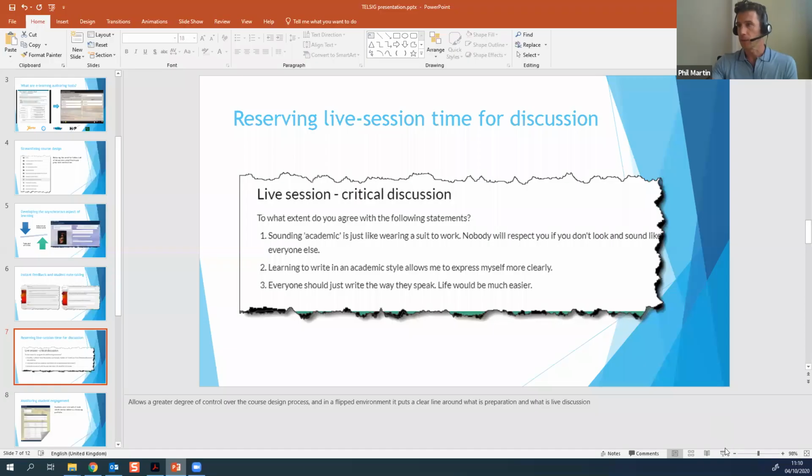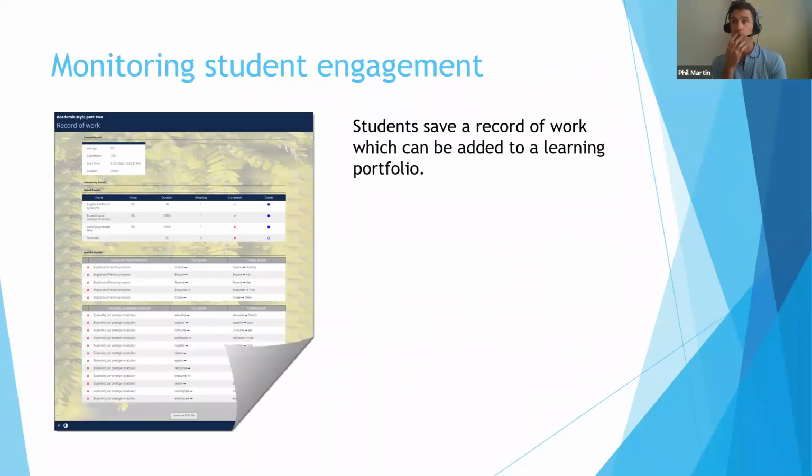All right, so I'm just going to go back to the slide now. The final thing I just wanted to mention before I go on to some sort of tips, monitoring student engagement. So what most of these tools allow you to do, certainly this is one from Xerte, they allow you to monitor student engagement a little bit more easily.